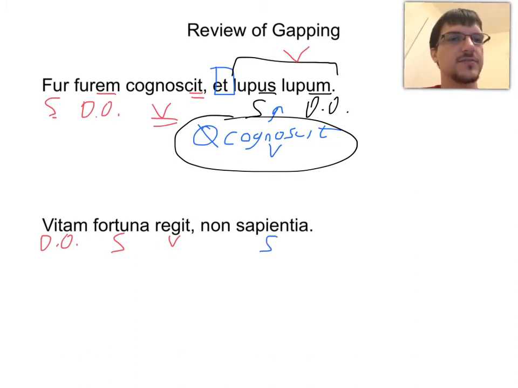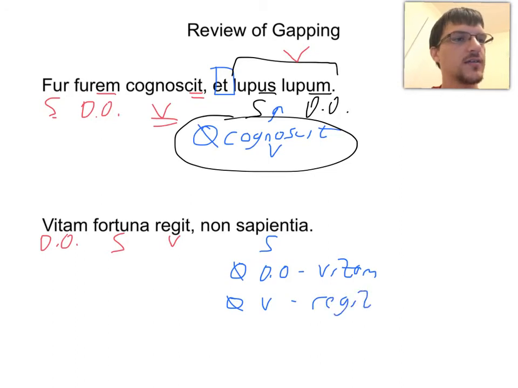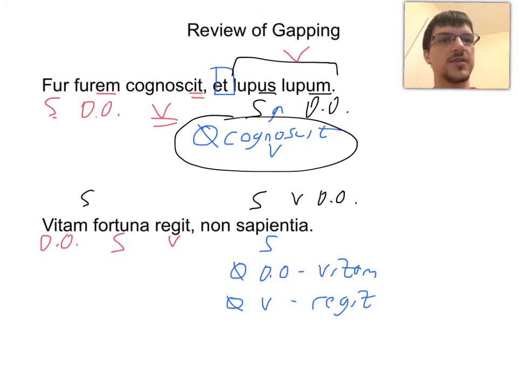So we just have a subject, which means we have to gap in our direct object, vitam, and our verb, regit. Okay? Now, I also want to point out that we can just as easily have our subject, our verb, and our direct object all over here and only have our subject over here.